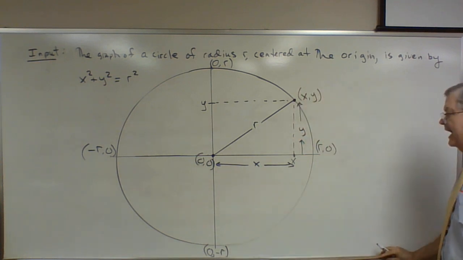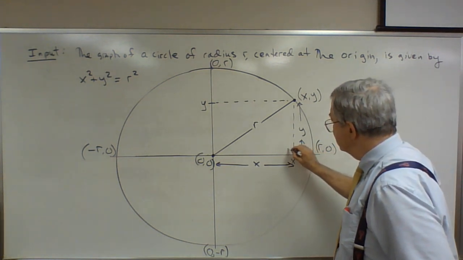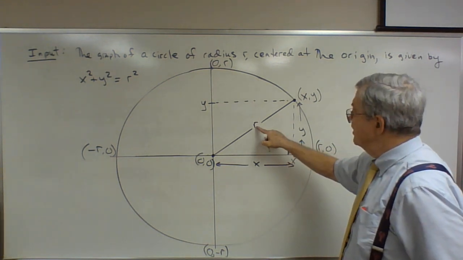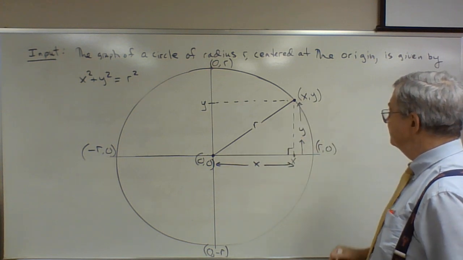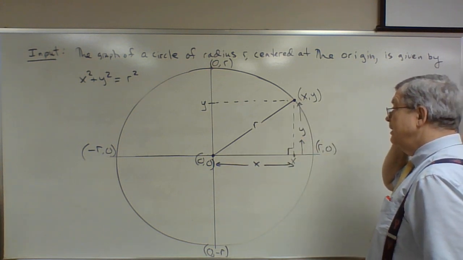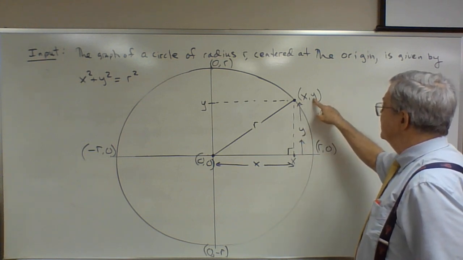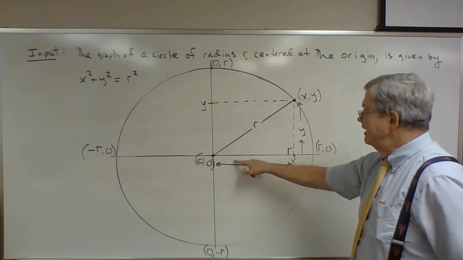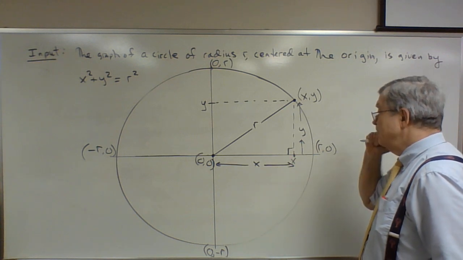And guess what we got? We have ourselves a right triangle where the hypotenuse is the radius of the circle. The opposite side is the y-coordinate. The length of the adjacent side is the x-coordinate of the point.